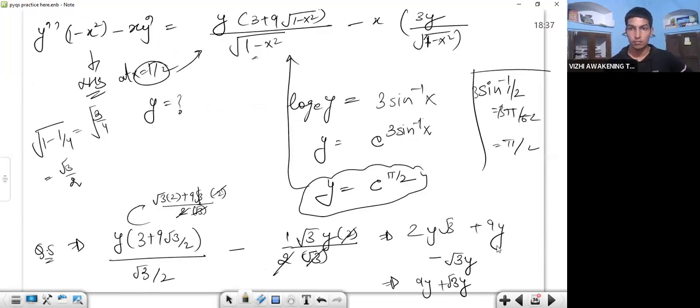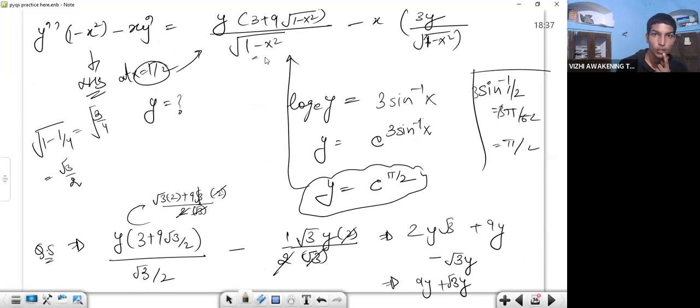Hmm. 2 into root 3. Okay. So we're doing some mistake here.